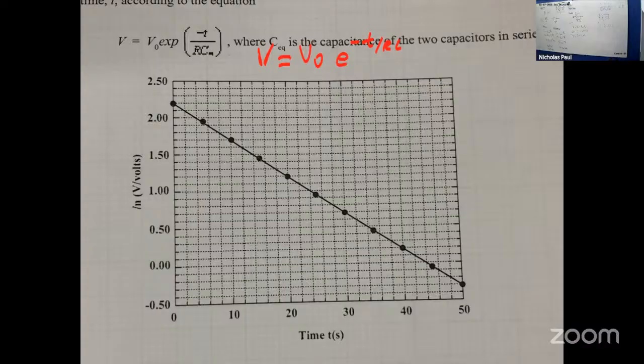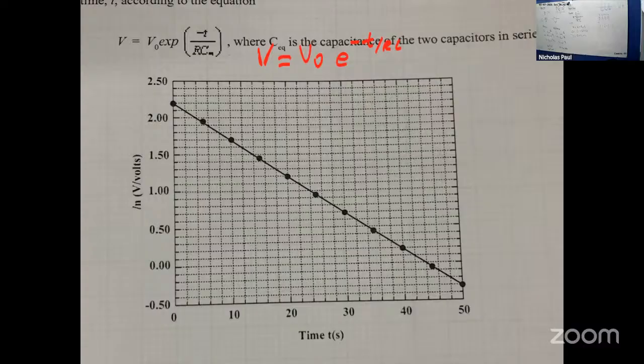They have asked that. When you linearize, put it in the form y is mx plus c.